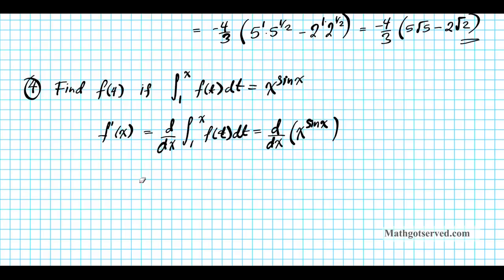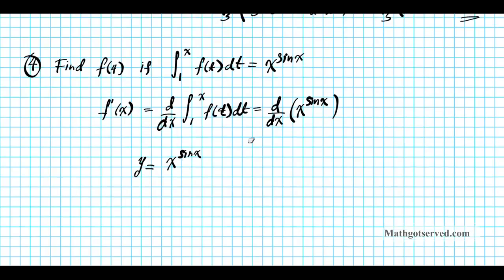So let's say y is equal to this function right here, x to the sine x. We want to use a variable that we can solve explicitly for. Now if we differentiate both sides, that will basically be what the derivative of this expression is. But before we do that, we need to power down this exponential function. So what we'll do is take the natural logarithm of both sides.